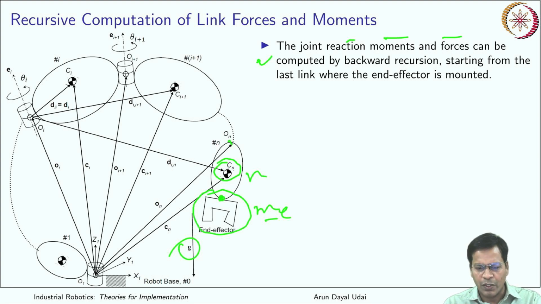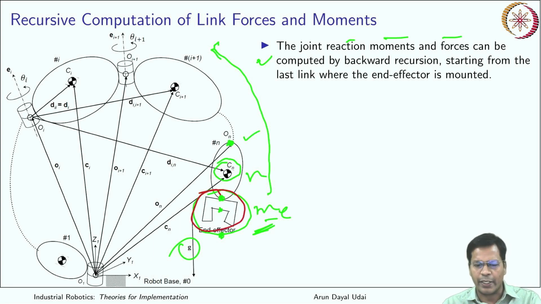So now this end is calculated. Whatever force and moment that is going to come here will be calculated. So that is how we'll go backward like this. We'll start from here, which is fully known. We know nothing is attached after this, and we know everything about this link. So we start from this one, and then we'll go back.